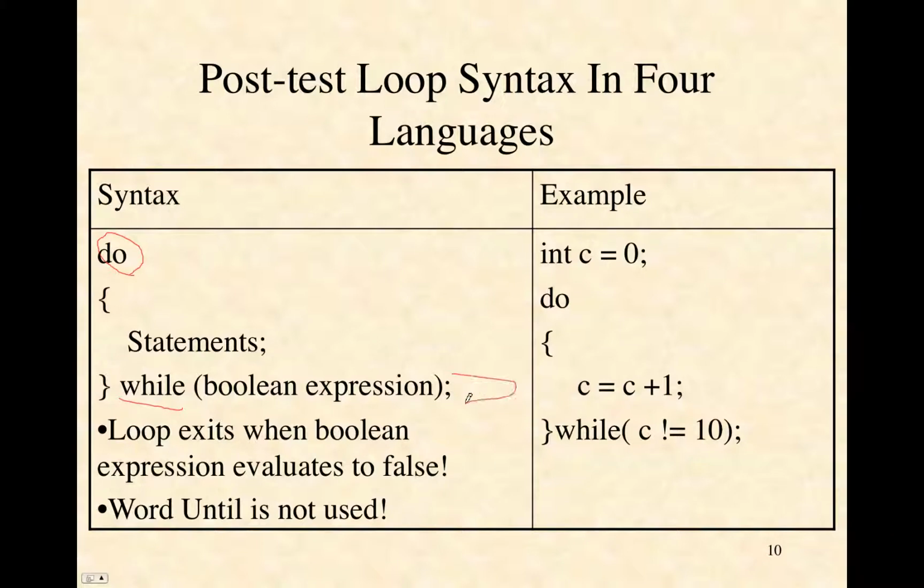This semicolon is required, by the way. This may be a bit confusing, but it is required. And loop exits when this Boolean expression here becomes false. And in 4 languages, and including JavaScript, there will be 5 languages, the word until is not used.